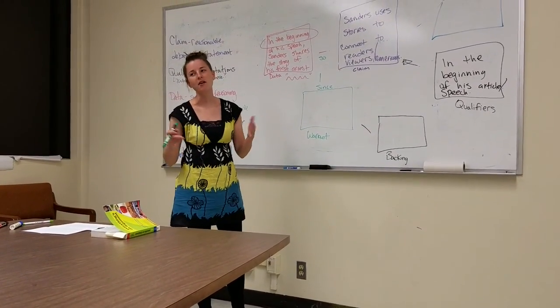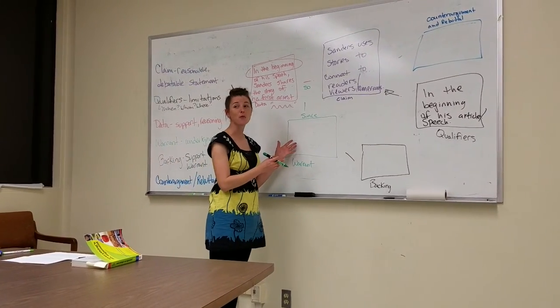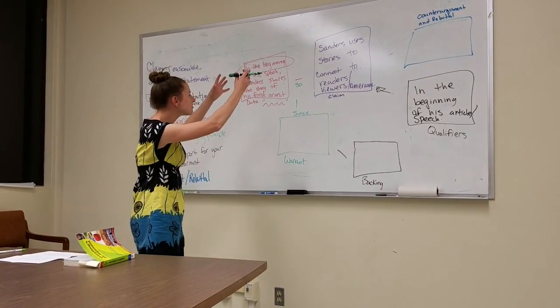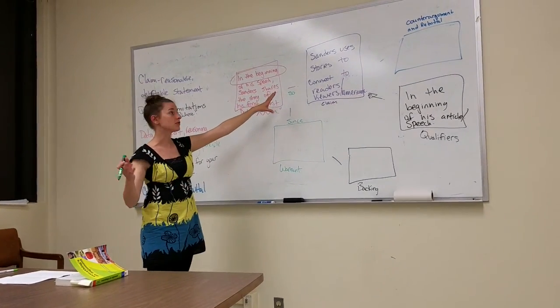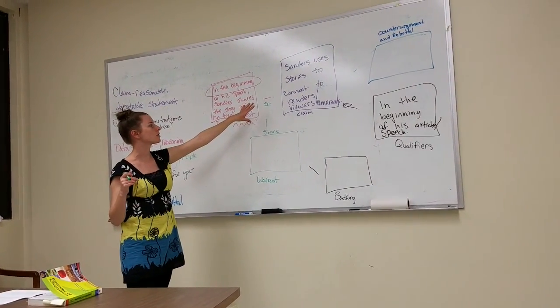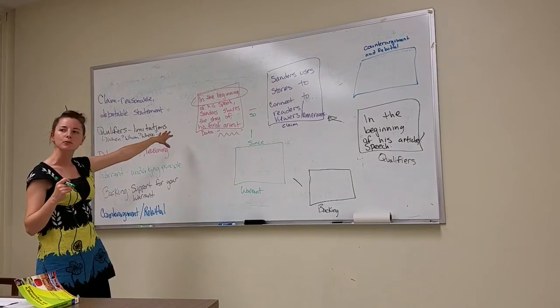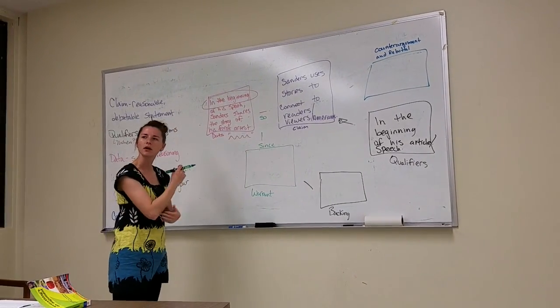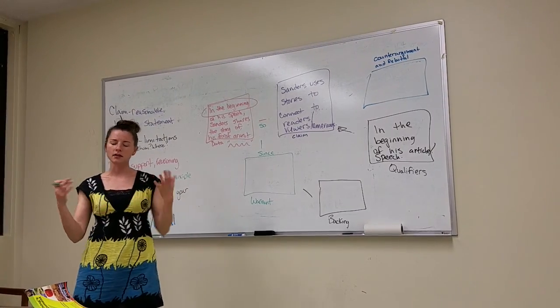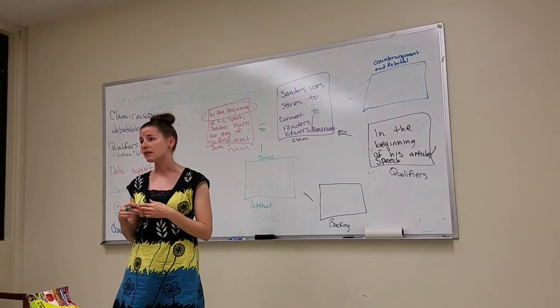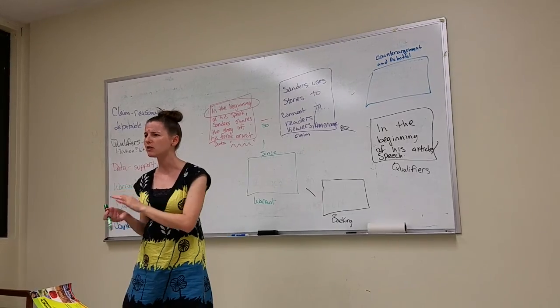But now comes the hard part. Now we need to think about the warrant, meaning, what's the underlying assumption here? We made the claim that Sanders uses stories to connect to readers. We've brought in proof. We've quoted this moment where he shares the story of an arrest when he was arrested for participating in a protest.